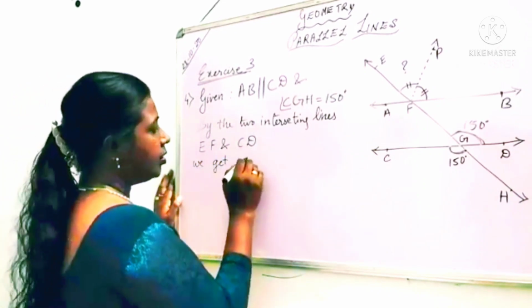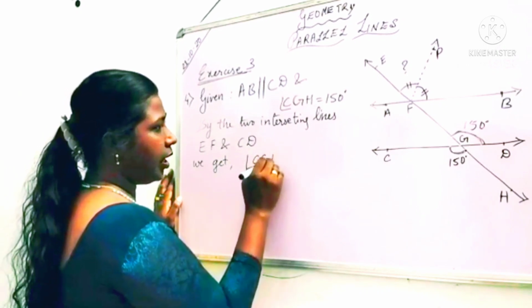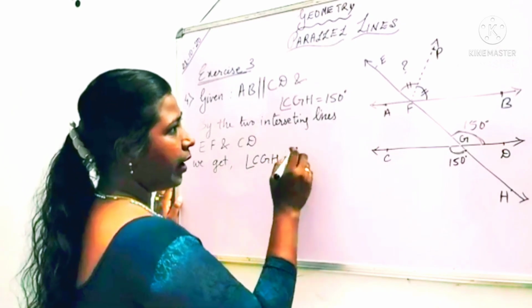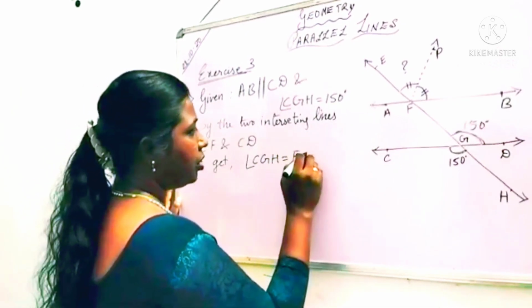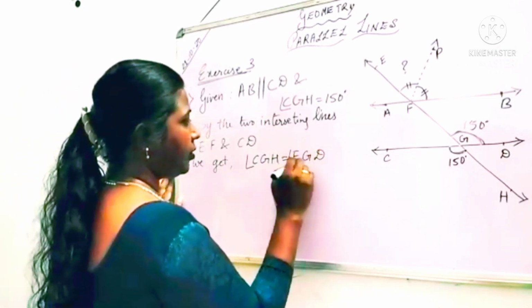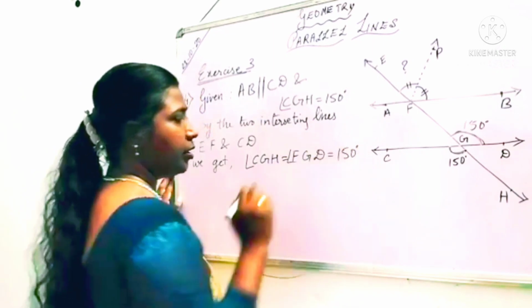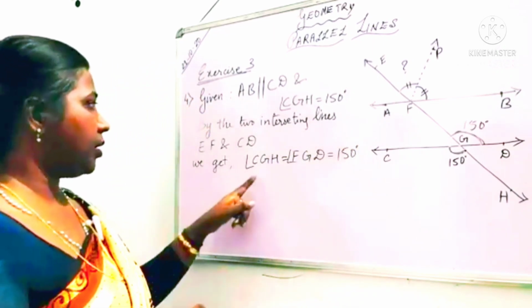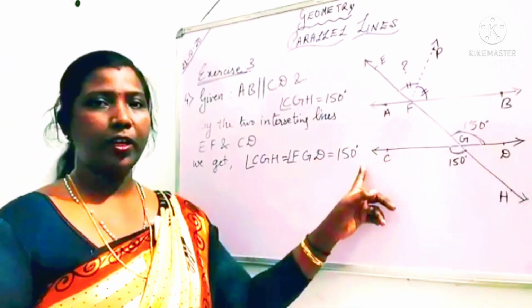We get angle CGH is equal to angle FGD. Is equal to what? 150 degrees. Is that clear, students? Now angle CGH is equal to angle FGD, 150 degrees.